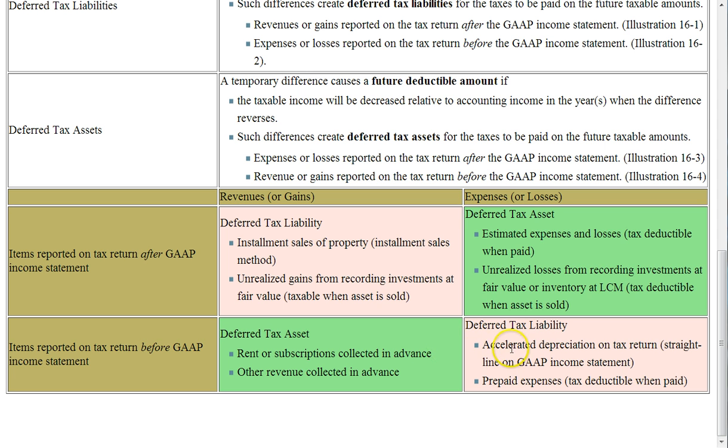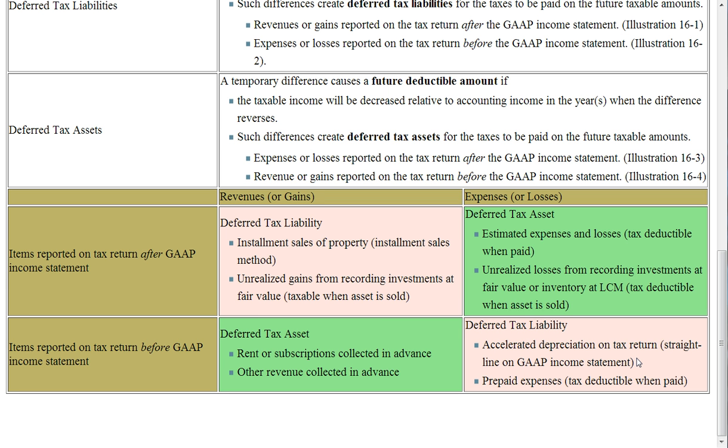So let's take a look over here. We have accelerated depreciation on a tax return, and we use typically straight line depreciation on the GAAP income statement. So when we buy an asset, we will depreciate the entire original historical cost of the asset minus any salvage value over its useful life.